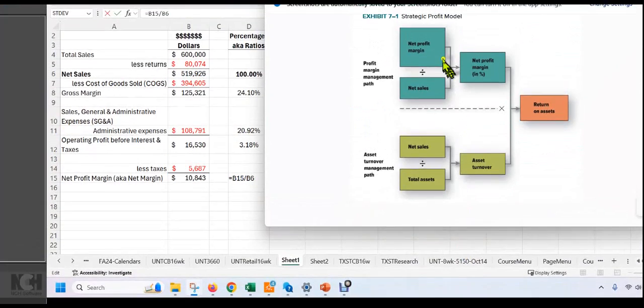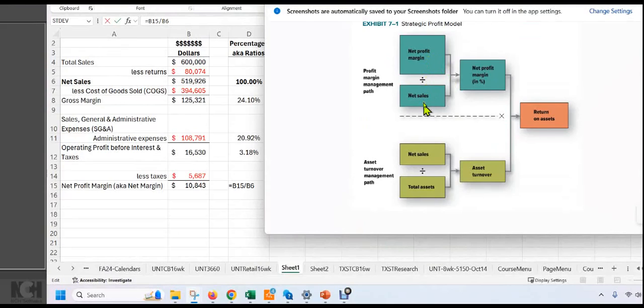Okay? Net profit divided by net sales. Then we've got net sales divided by total assets. Ooh, but remember, assets are not on an income statement. Assets are where? Assets are on a balance sheet. So we'll have to look at what a balance sheet is to get to an asset turnover.